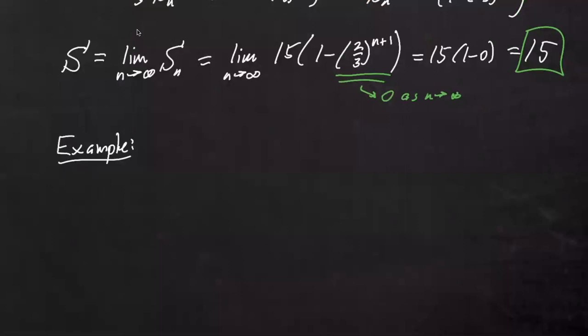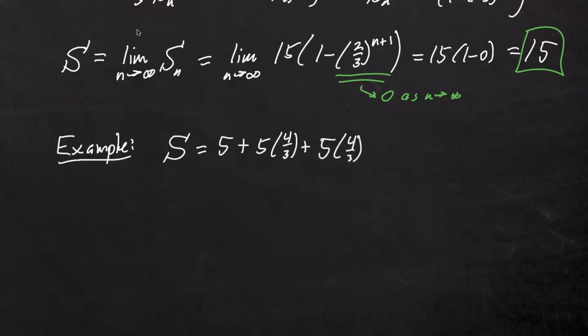Let's do something like this. Let's actually start with 5 again, but instead of multiplying by 2/3, let's multiply by 1/3. I mean, sorry, by 4/3. So let's consider the sum 5 plus 5 times 4/3 plus 5 times 4/3 squared, 4/3 cubed, and so on.